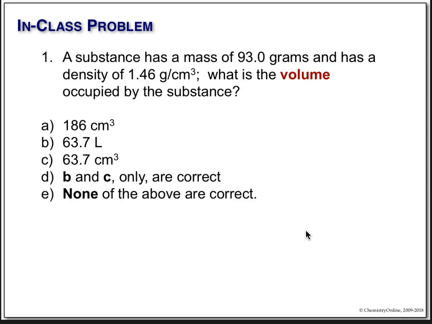Here we're given a substance. We have a mass and a density. What's the volume? Now we've seen we can solve this 2 ways, using ratios or just using the formula. You may use any way you want that makes it work.